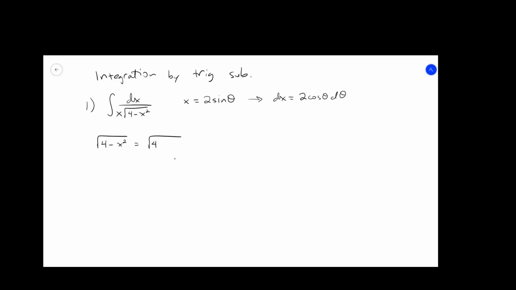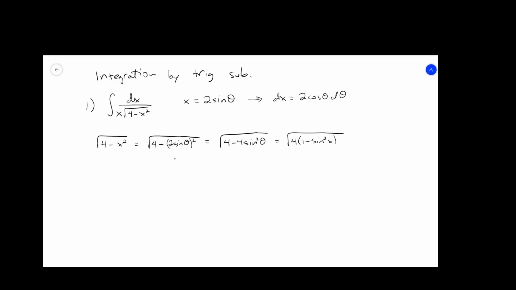So 4 minus 2 sine theta, whole thing squared. And look what this does when we do that. When we simplify this, we get 4 minus 4 sine squared theta under the radical. Notice at that point you can factor that 4 out, and we're left with 4 times 1 minus sine squared theta.